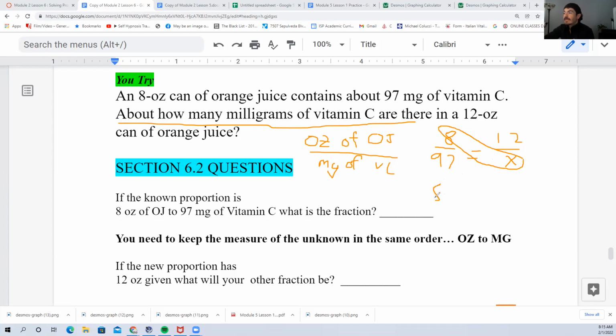8 times x is 8x. 12 times 97, I can't do that in my head. 97 times 12 gives me 1,164.